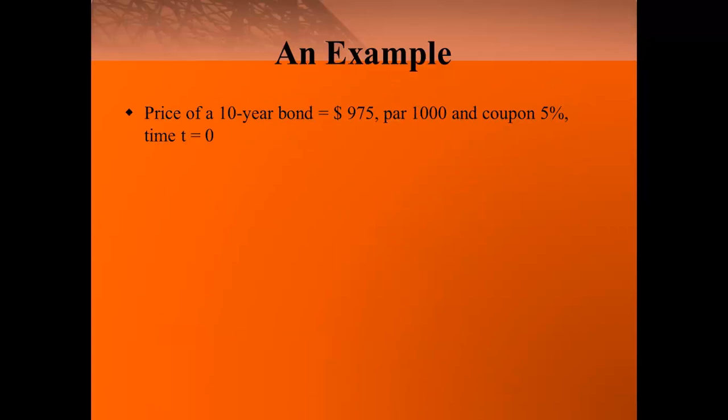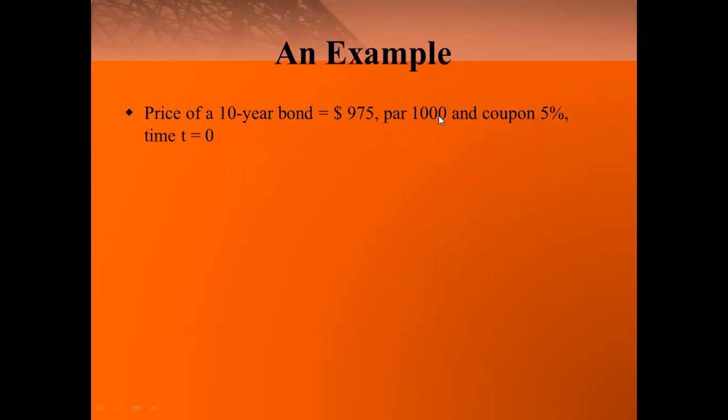Here's an example. The price of a 10-year bond is $975. Its par or face value is $1,000. So the bond was issued by the issuer at $1,000 at a coupon of 5%, which means 5% of 1,000 is $50. So the issuer has promised to pay the investors or the bondholders $50 per year for 10 years.